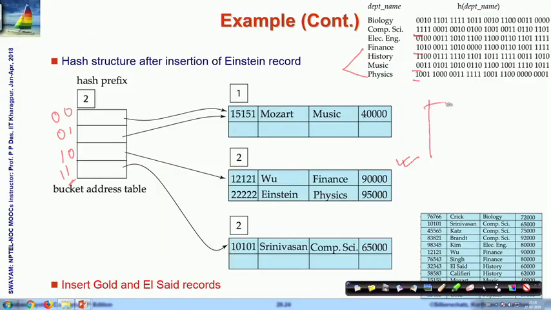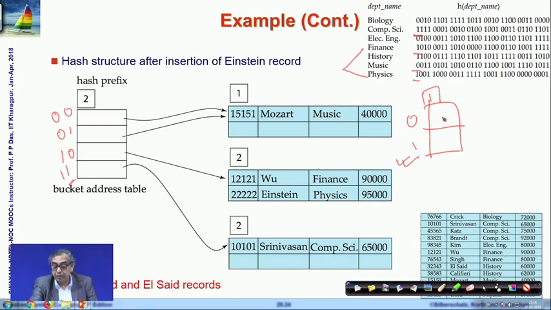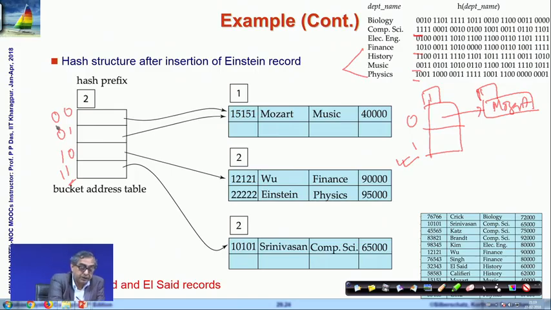Now, the interesting fact is what happens to Mozart, who was there. If you remember the earlier structure, we had only 1 here. So, this was going to Mozart, this was 1 and Mozart was here because music had a prefix 0. Now, music has a prefix 0 0. So, what you would have expected? You would have expected that therefore, since the 0 0 has come in, 0 1 has also come in.